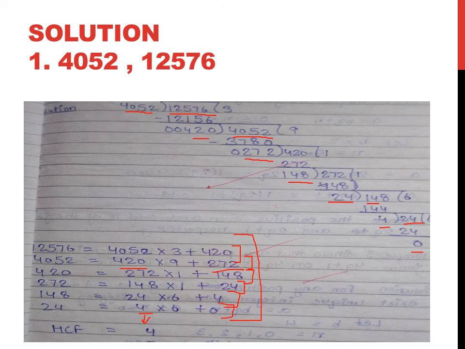It will give us the remainder 272 and then remainder 148. Now we will divide 272 by 148. This process will continue till we get the remainder 0. So continuing this process, now the remainder will be 24.